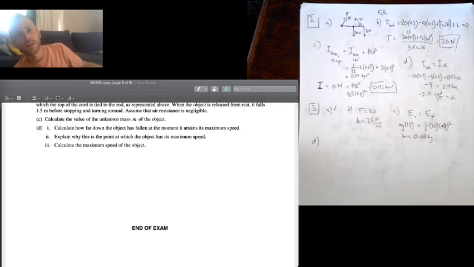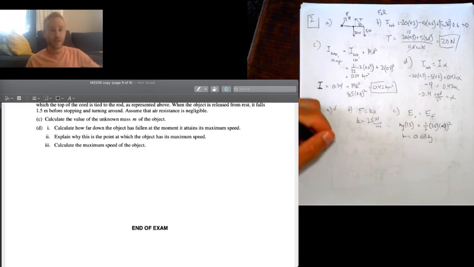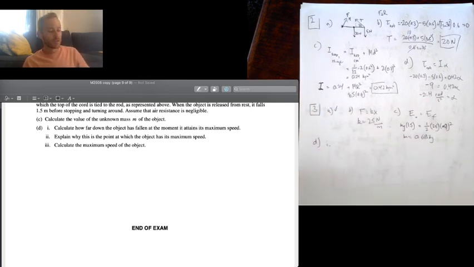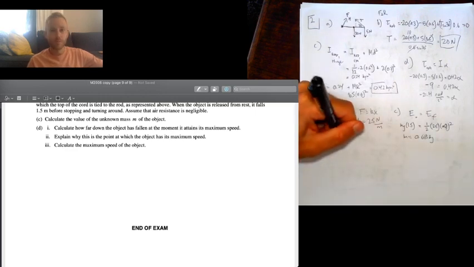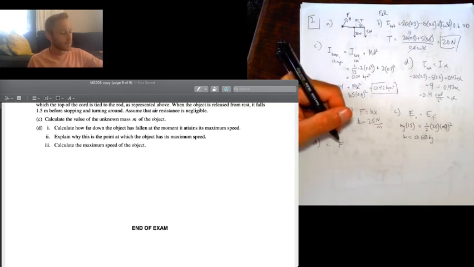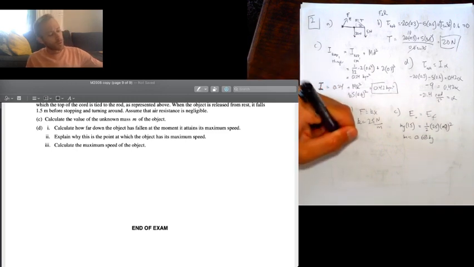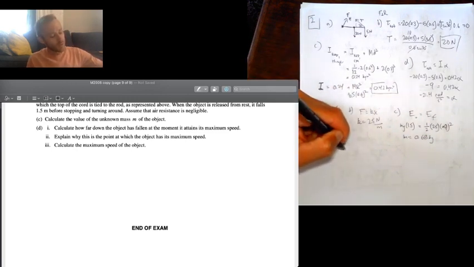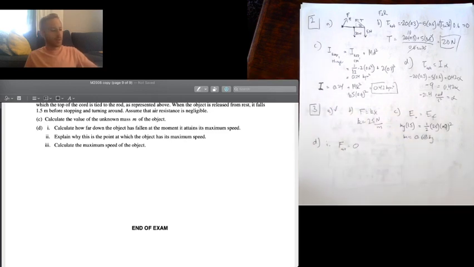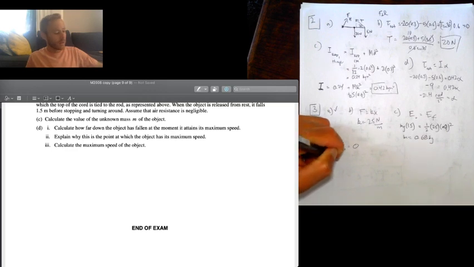Part D: explain how far down the object has fallen at the moment it attains its maximum speed. So we know that maximum speed occurs at the equilibrium point. Where is the equilibrium point? The equilibrium point is where the net force equals 0. If we think about it, we've got two forces: an elastic force and a weight force.